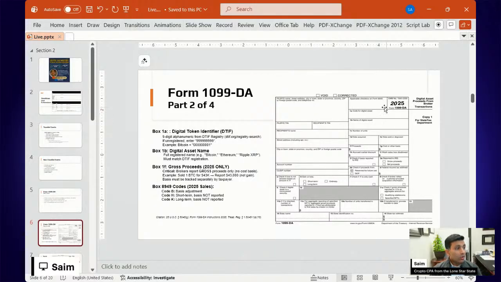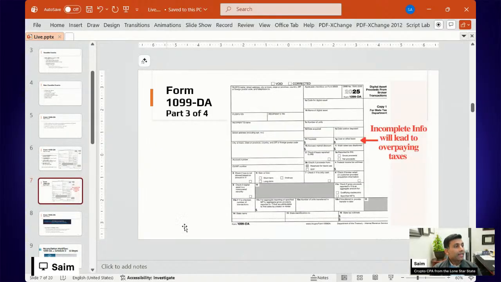You will get all the details furnished here on the side, including all the proceeds, the cost basis, the date of acquisition, the date of disposition, the sale, and all of that. One thing that will be suspect in a lot of these newly issued 1099-DA forms is going to be box 1G, which is the cost basis of your crypto.